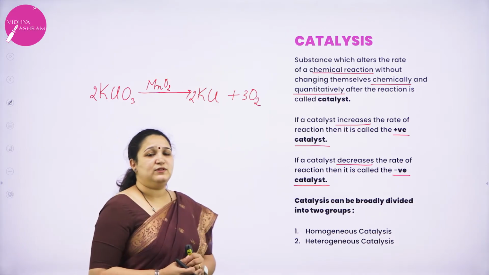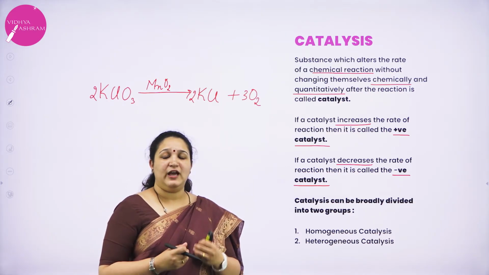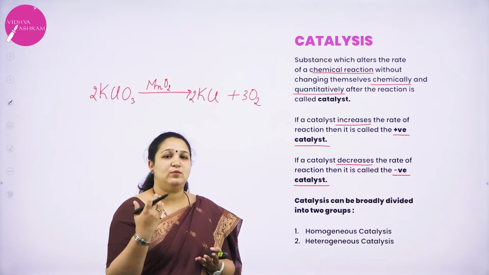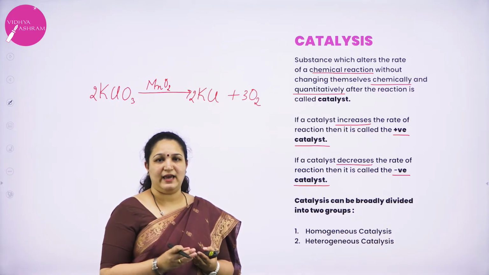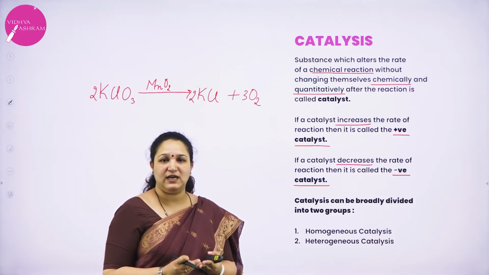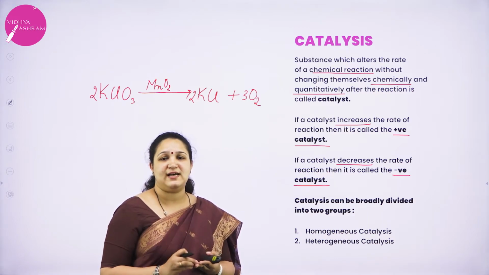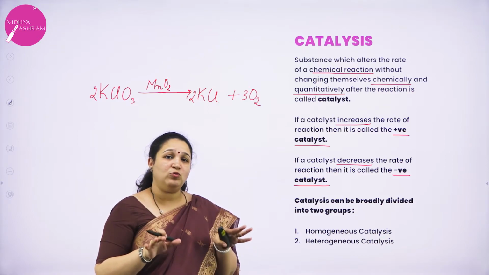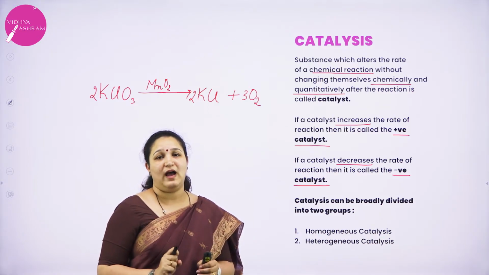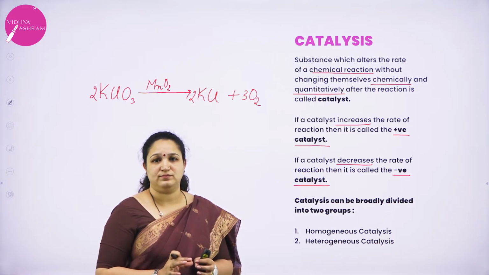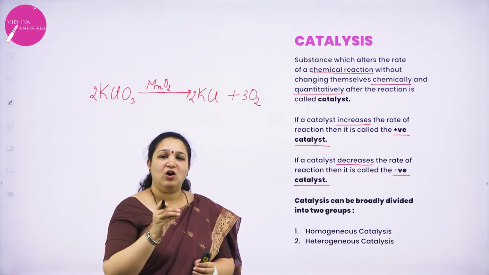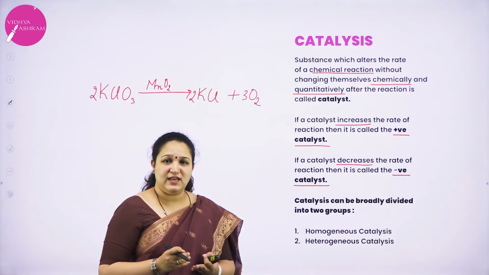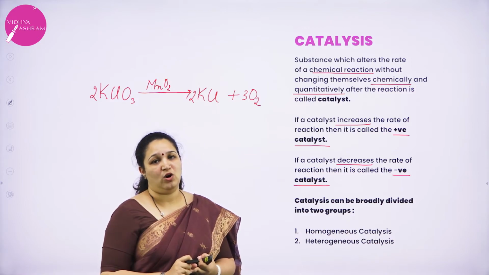Now take chloroform. If chloroform comes in contact with oxygen, that is air, in the presence of sunlight, it can form a poisonous gas called phosgene. We don't want that phosgene to be formed, so I want to reduce the rate of the reaction. At that point alcohol is added so that the rate of the reaction is decreased and the phosgene will not be formed.